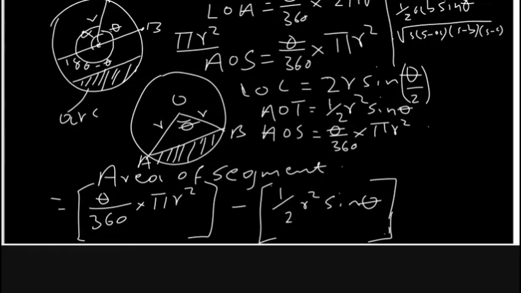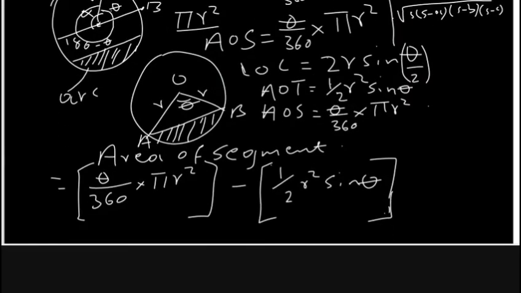Now to keep it all, remember that you will always be faced with some confusing questions that might demand you to get the area of a major sector or the area of a minor sector. How do you really know? Anytime you see a question that says find the area of the sector, most times the diagrams are labeled.